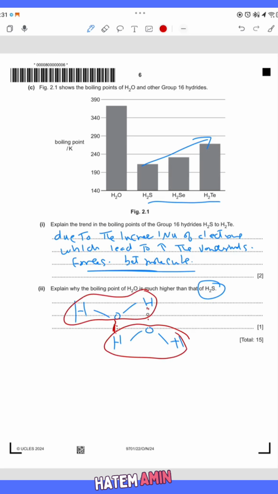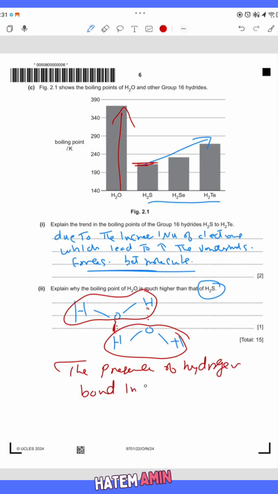We cannot find it in H2S. So the main reason the boiling point of water is higher than H2S is the presence of hydrogen bond in H2O and not in H2S.